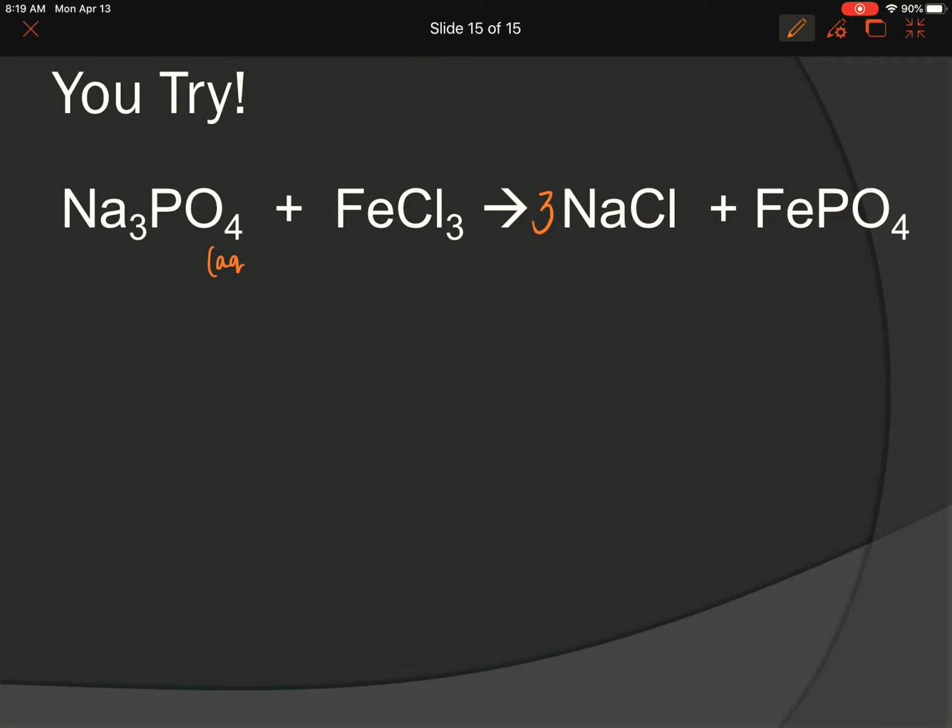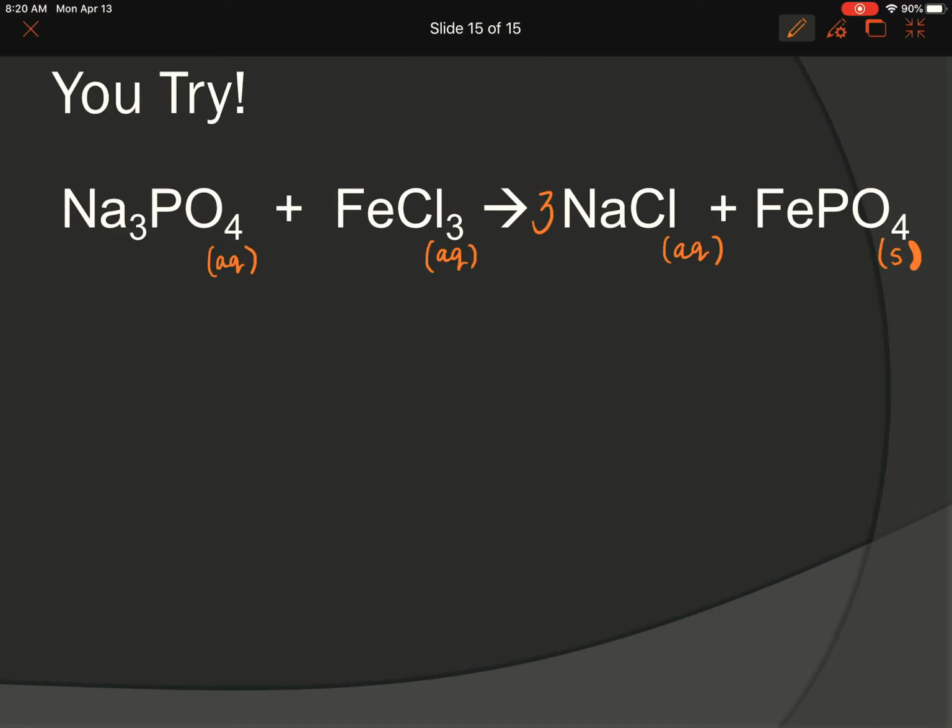Sodium is a group 1 alkali metal, so that means it's going to be aqueous with phosphate and chloride. Iron chloride is going to be aqueous because I remember that chlorides are aqueous with anything except lead, silver, and mercury. And then over here, my iron phosphate is going to be a solid precipitate.